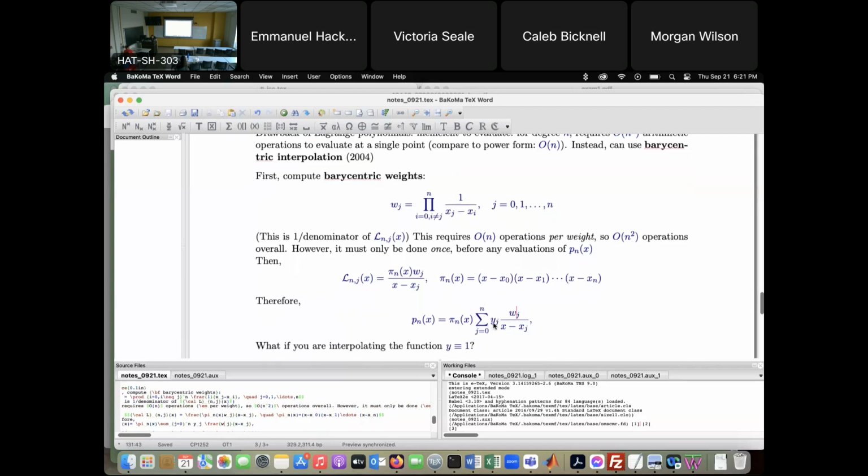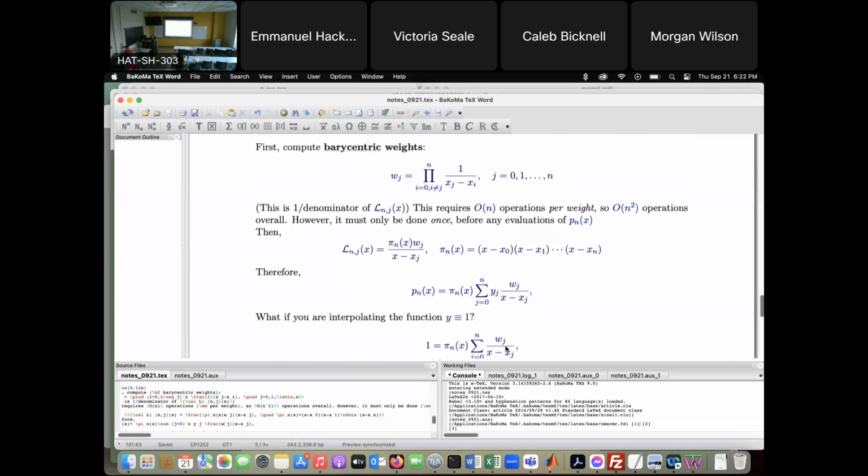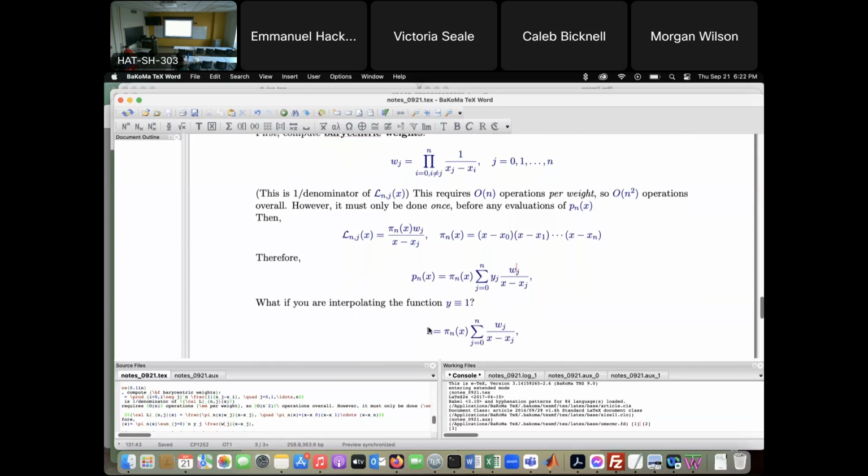Now this is for whatever function y equals f of x I have. But what if I use this same approach on just interpolating the function y equals 1? So now I have the same kind of equation, but I'll have 1 on the left side. And then instead of yj here, I just have 1.